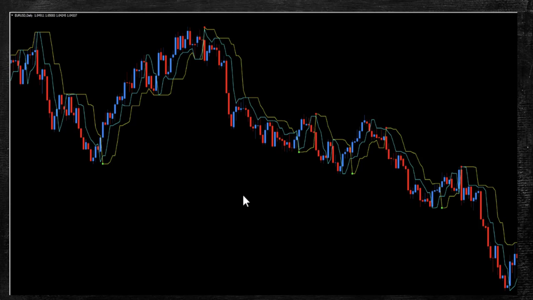So whichever one becomes higher, crosses and closes above the other one, that is your signal to go long or short. So like we said, the aqua line is your long line. Right here, it crossed and closed above the yellow, and so that is your sign to go long. And then, conversely, the yellow finally got above the blue right here, and that is your sign to go short.